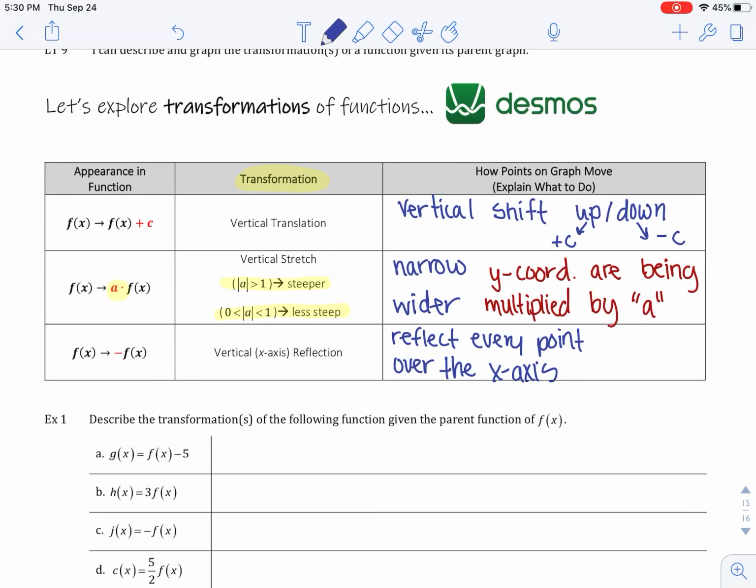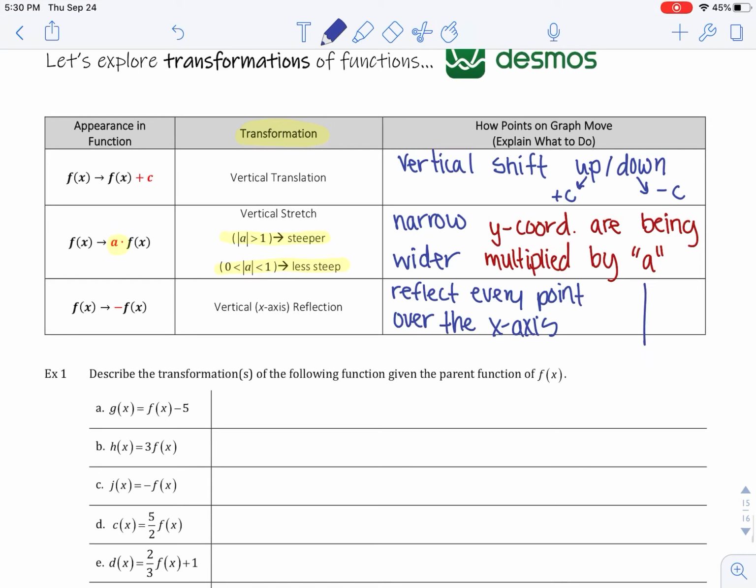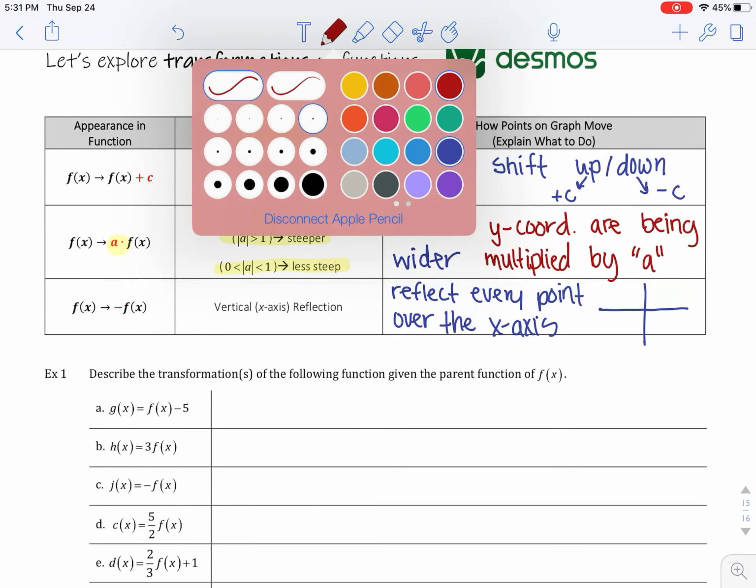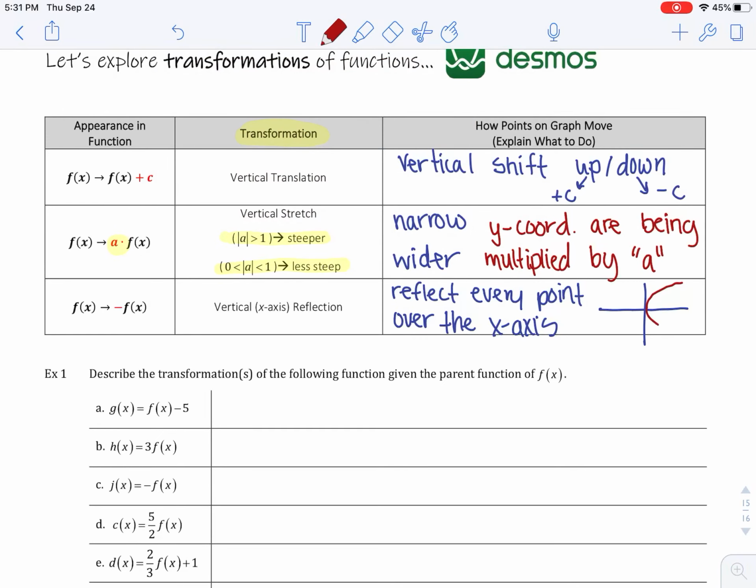So let's just draw a sketch, and we know which of these is going to be our x-axis. Let's draw in something that looks like this, which wouldn't pass a function test, because hopefully you tell me it doesn't pass the vertical line test. But that's the x-axis, so when we flip it over, that's reflecting, right?